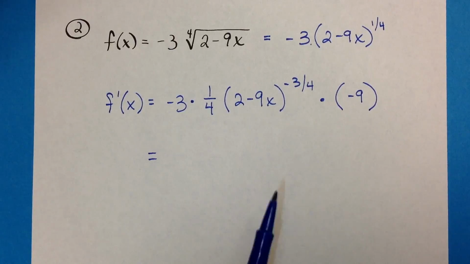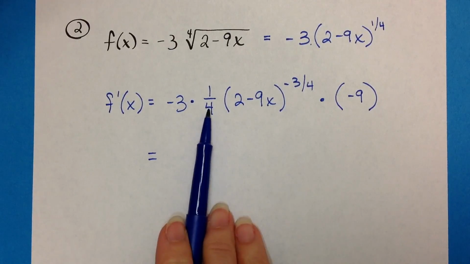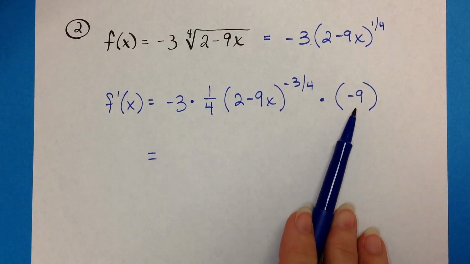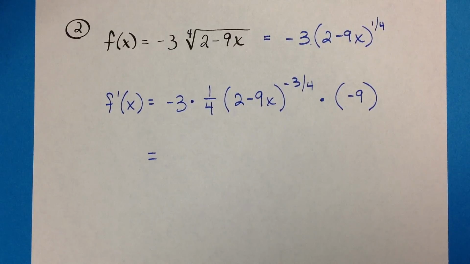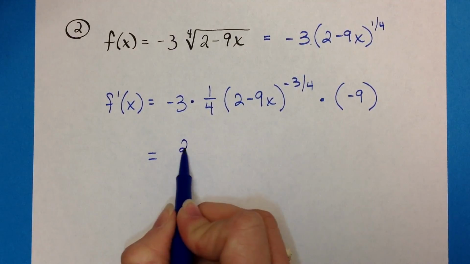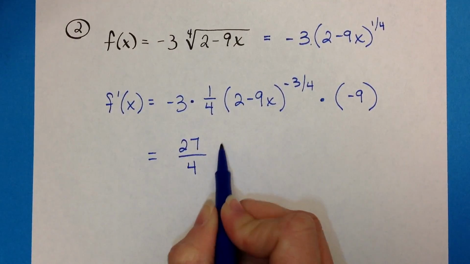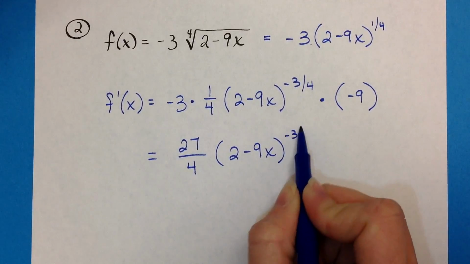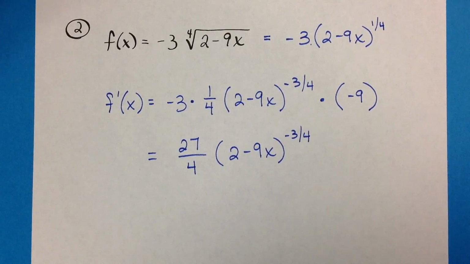Okay. You will want to multiply the constant, so negative 3 times 1/4 times negative 9. So that's going to give us a positive 27/4 times the 2 minus 9x to the negative 3/4. And you could have done what I'm about to do in the same step if you wanted.